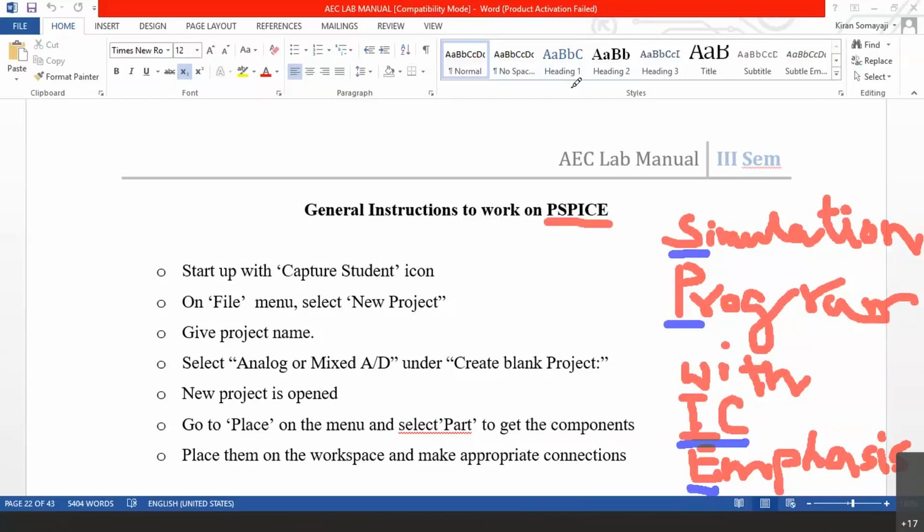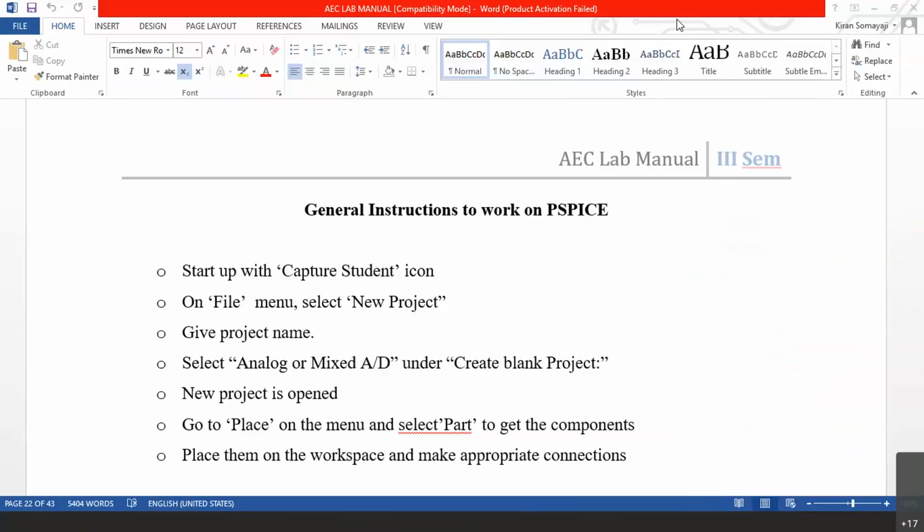But in PSpice, it is only the circuit simulation. There is no coding here. Okay. Now the advantage is it has got a student version. You can download, you can install, you can work on it. Okay. This is my introduction about PSpice.